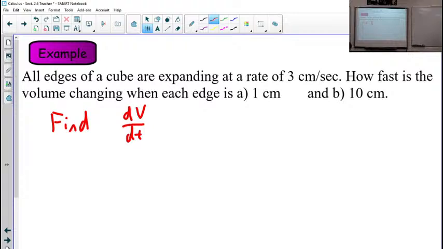And I'm going to go ahead and write that since we want to know about volume, let's write down the volume of a cube: V equals the side cubed. That's why we call it cubing, because it would be the volume of a cube with that side length.